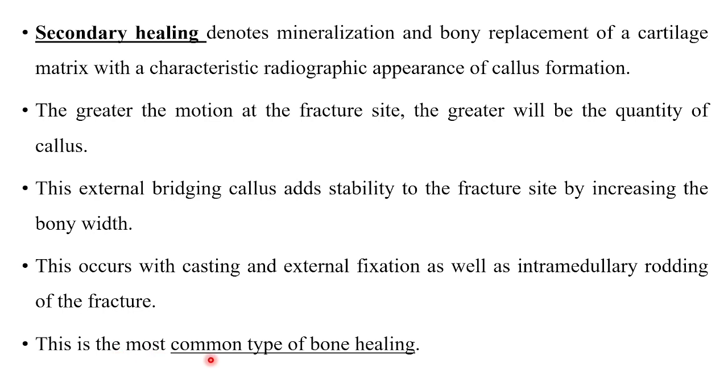This is the common type of bone healing, as I already discussed in the previous slide. It occurs with the usage of casts, external fixators, or intramedullary nails or rods. So this is about secondary healing and primary healing.